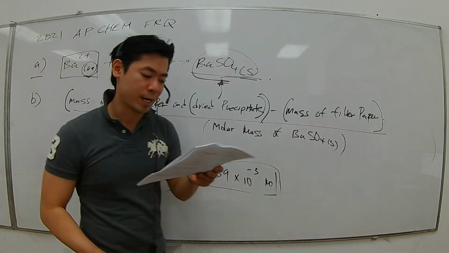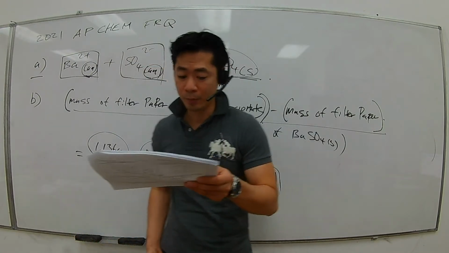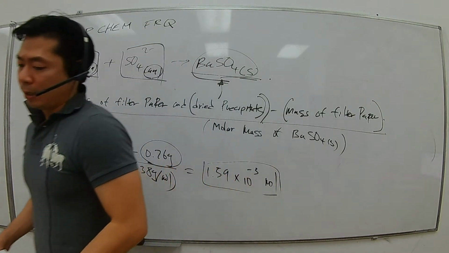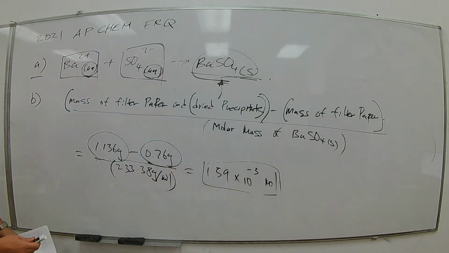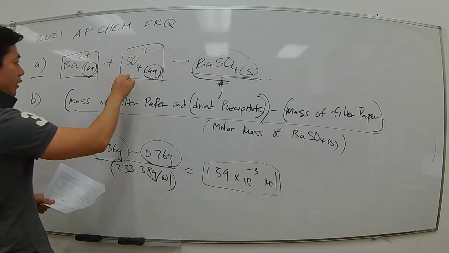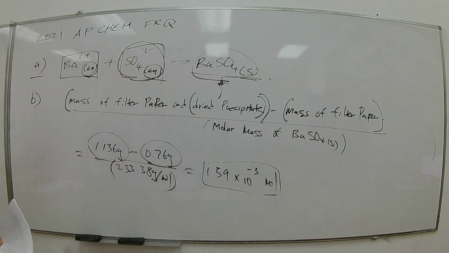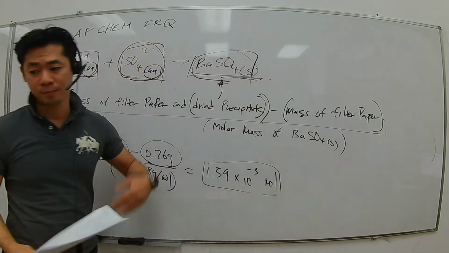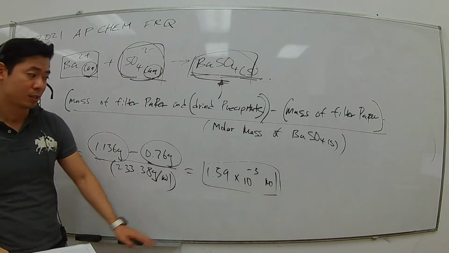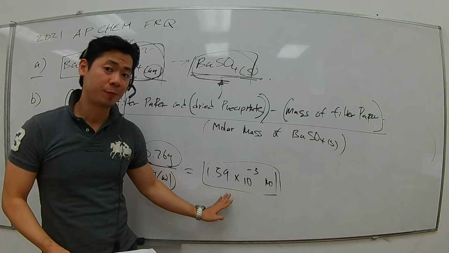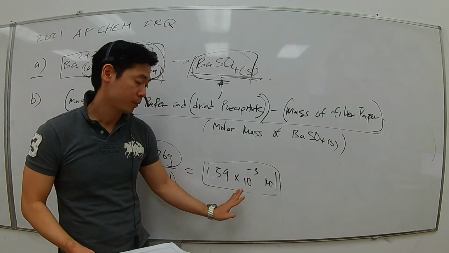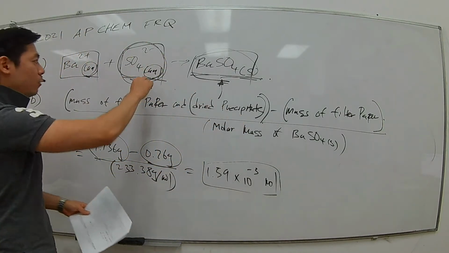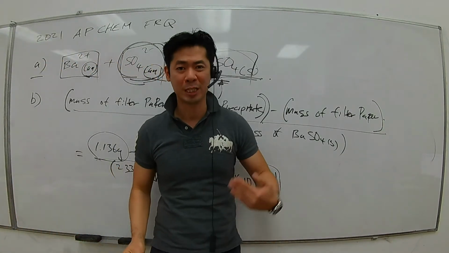In part C, the question is asking, calculate the molarity of the original copper sulfate solution. Understand that every sulfate has precipitated as barium sulfate, which means the number of moles of barium sulfate produced is equal to the amount of sulfate present before precipitation.